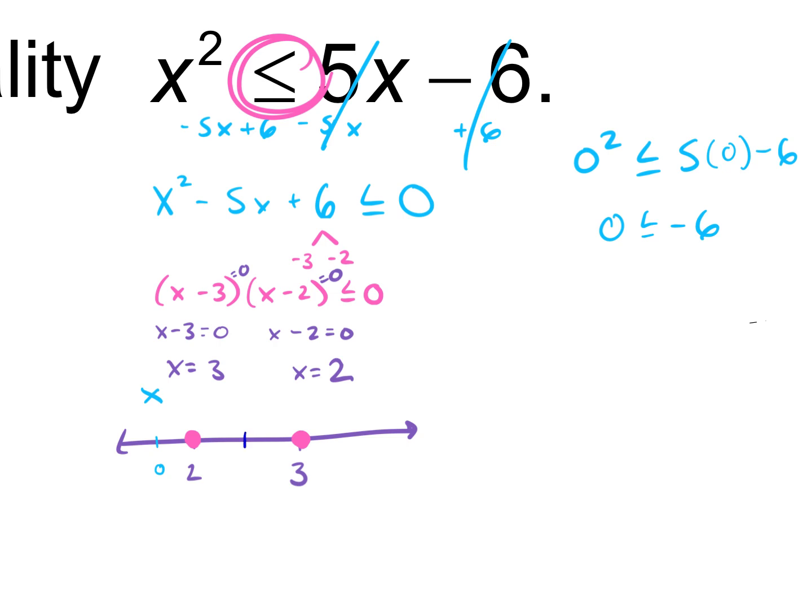Let's plug in a number in between 2 and 3. What's a number in between 2 and 3? 2.5. We'll say 2.5. So 2.5 squared is less than or equal to 5 times 2.5 minus 6.